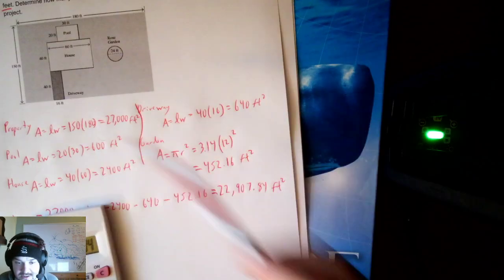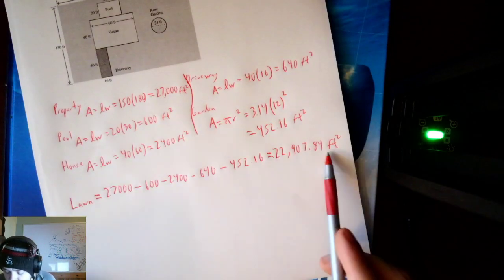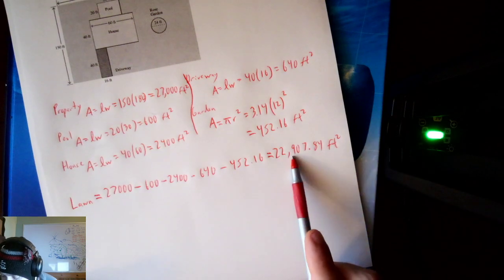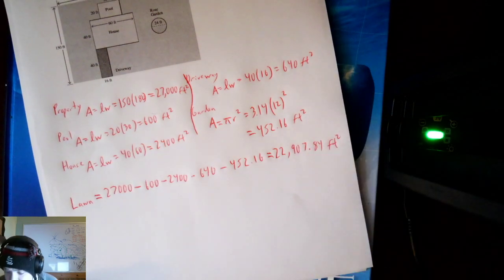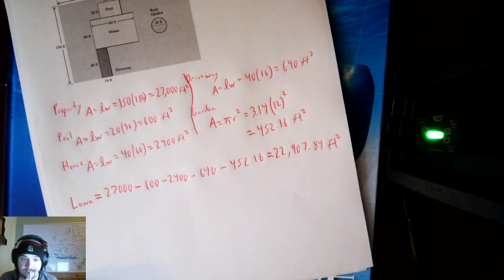All the measurements are in feet. So the area of my lawn is 22,907.84 feet squared. So that's how big my lawn is.